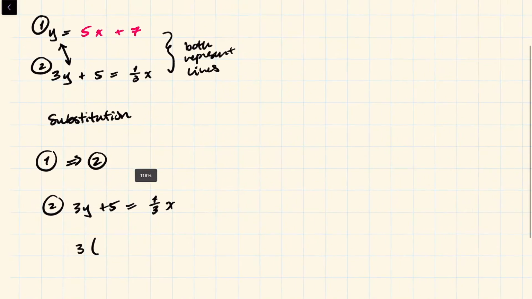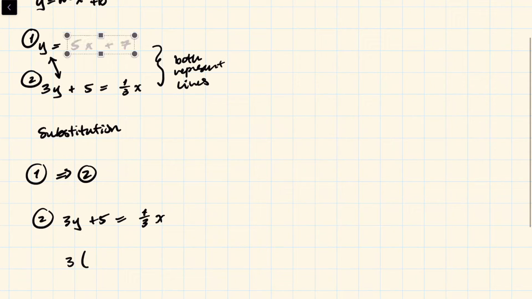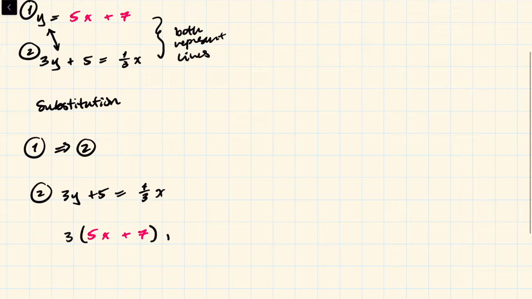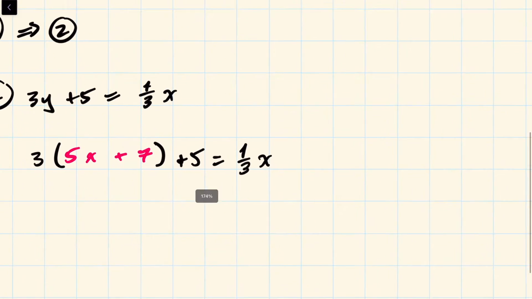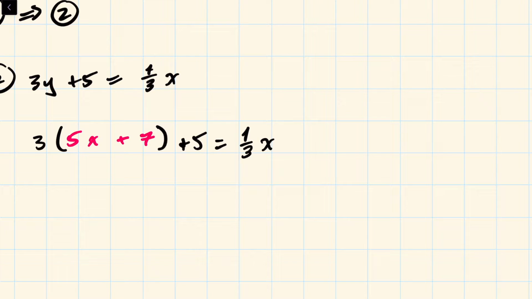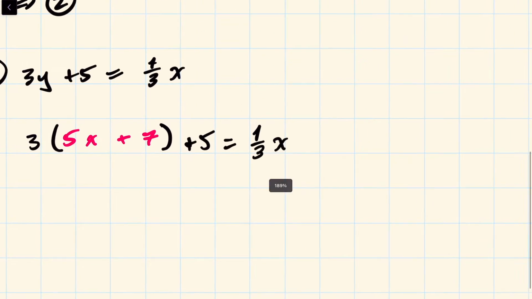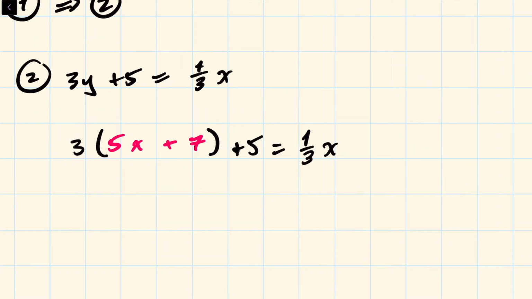So that's 5x plus 7. It's the exact same thing, so I can literally just copy it and move it here, plus 5 equals a third of x. And now we only have one variable here. We're progressing, right?